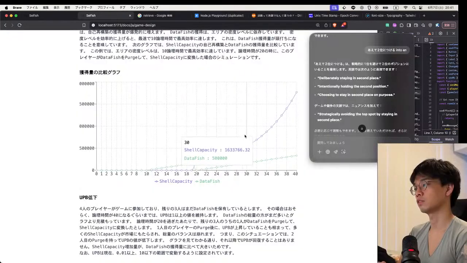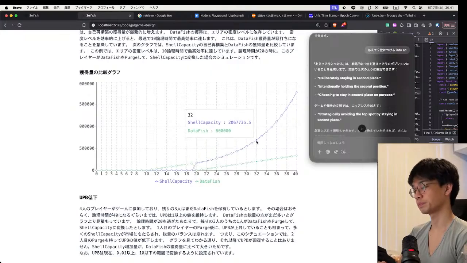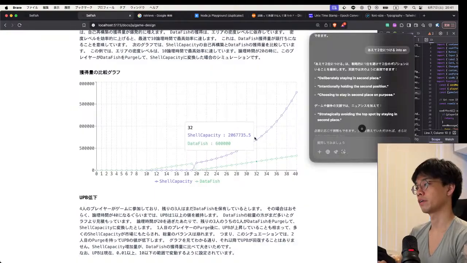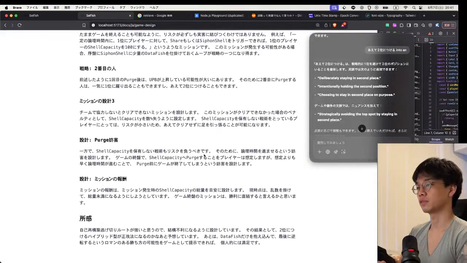So if the mission happens here, the total amount of shell capacity is like this. When the mission is completed, the player who completes it can acquire about this value.